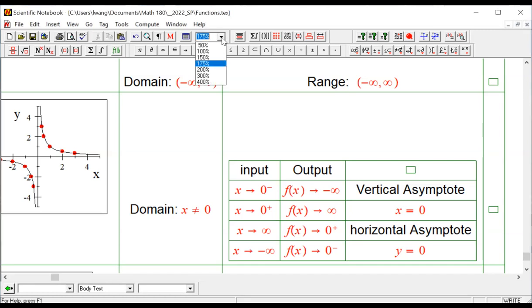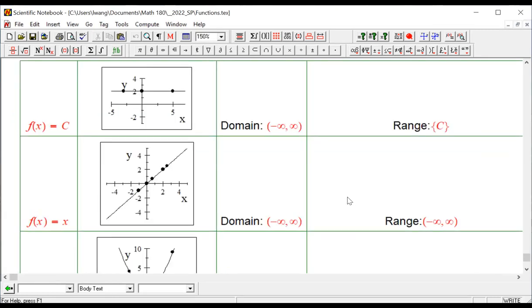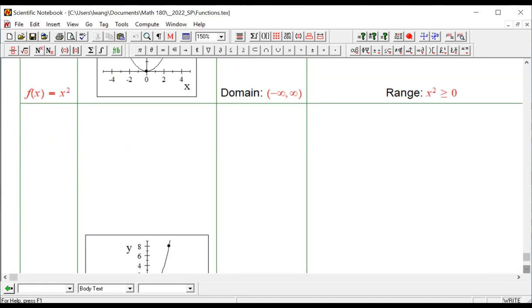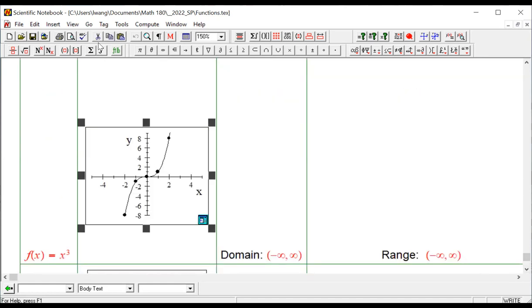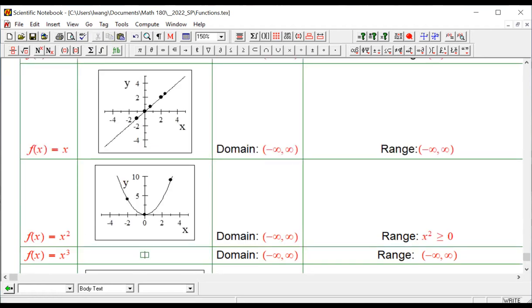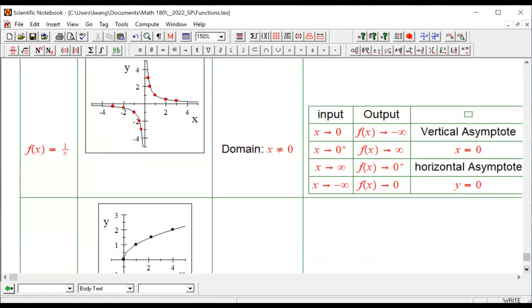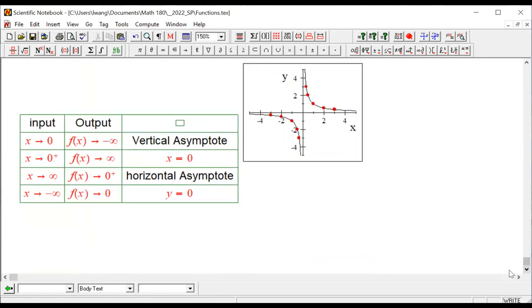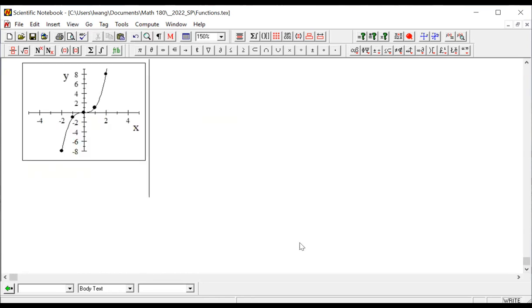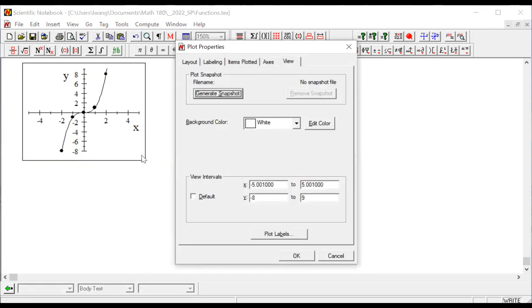So let me see if I can give you a better view of the whole thing. And this guy is really messing things up. Okay, let me see if I can put a better picture somewhere. Why is this picture so naughty? Let me make some adjustment.